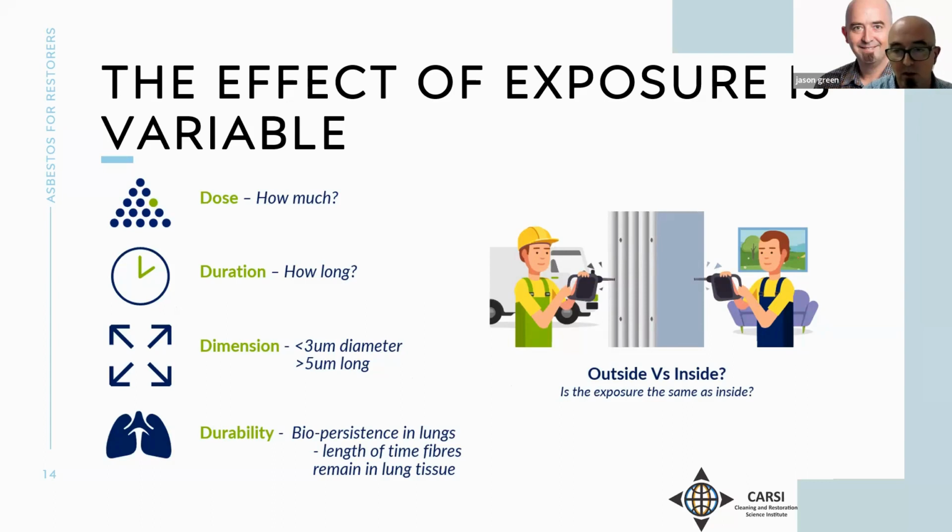It could be 20, 30, 40 years at least. And as you could probably expect, dilution will be a factor in exposure and what's in the air at the time. If you're working outside, it's going to be much more heavily diluted than inside, or if you're working in semi-confined areas, the exposure potential may be much higher.